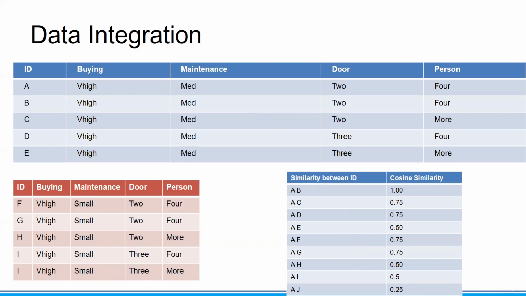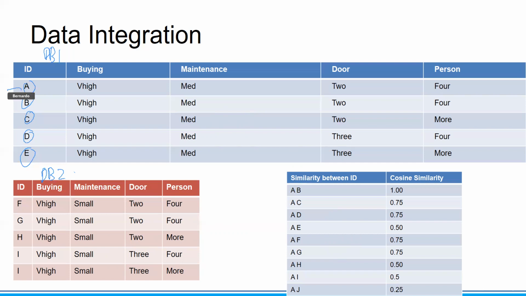If we have A, B, C, D, E, and we have this database one and this database two, and then you want to combine.